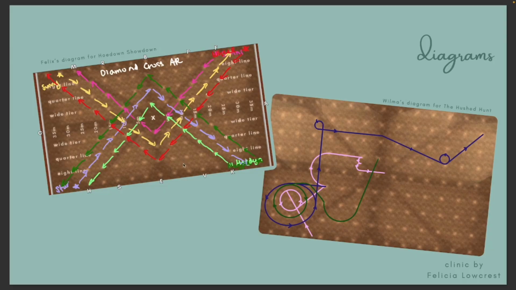But I mean, your diagrams don't need to be perfect. As long as they are legible to your writers to help them with understanding choreography, you're good to go. So if you do start off with something beautiful here like Wilma, or you're making them in Rideful and they look beautiful and clean and professional, but then later on you find that you don't have enough time to produce the same quality of diagrams that you did previously, that is okay.